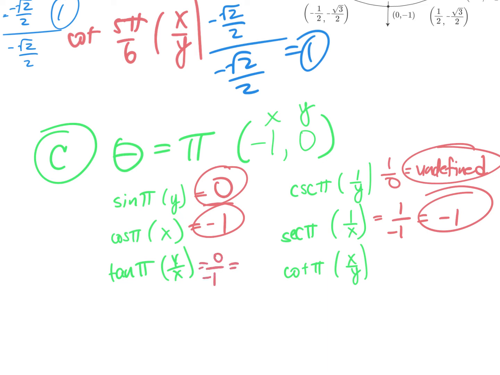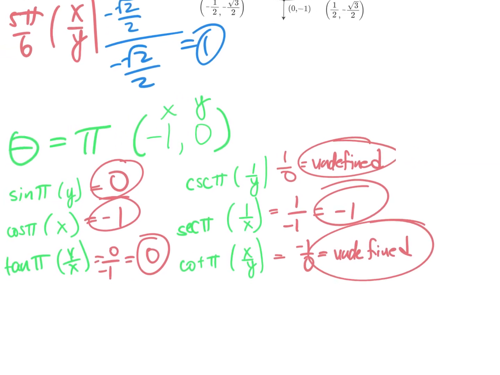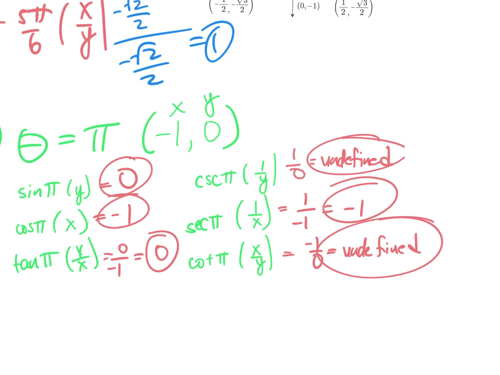What's the answer there? 0. Cotangent is what? Negative 1 over 0, which is undefined. Good. Those quadrant angles are a little bit different. 0 in the numerator is perfectly fine. 0 in the denominator is not perfectly fine.